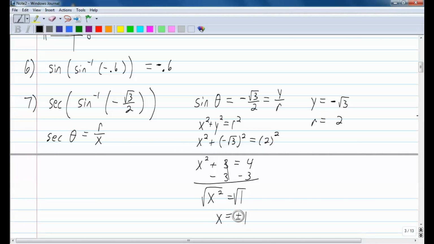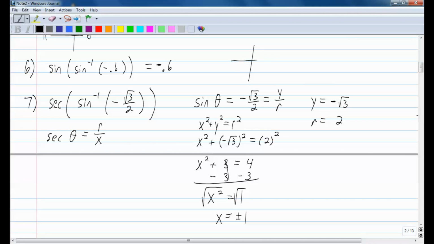To tell if it's positive or negative, you go back and look at the inside, where we have the inverse. Since we're taking the inverse sine, this angle measure has to be between negative pi over 2 and pi over 2. Since it's a negative, it's going to be the angle in the fourth quadrant, because you're taking the inverse sine of a negative.